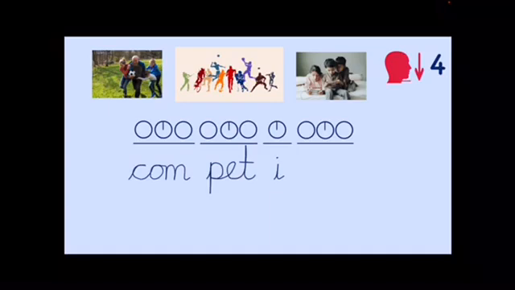You might decide to say it as I when you're going through the spelling. To remember to write an I, you might prefer that way. And then tiv. T is T, I is I, V is V, and we add an E. Competitive.